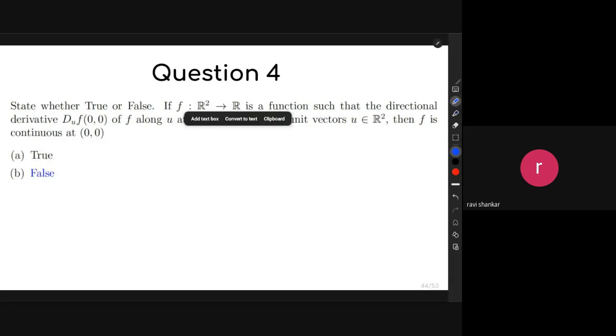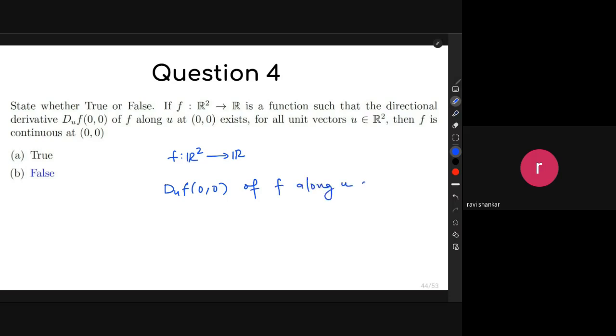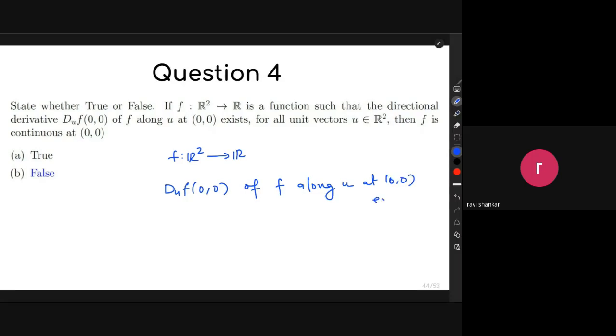So you have a function f from R2 to R, and the directional derivative of f along u at 0, 0 exists for all unit vectors u in R2.